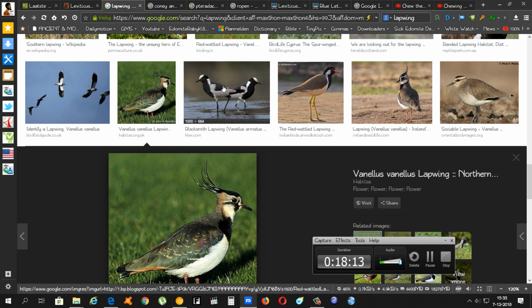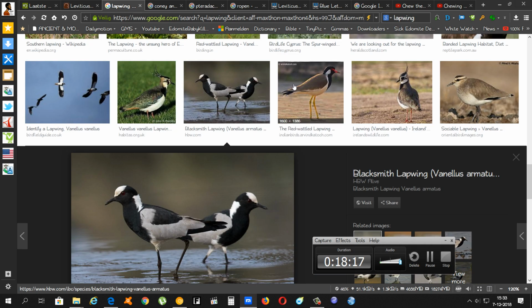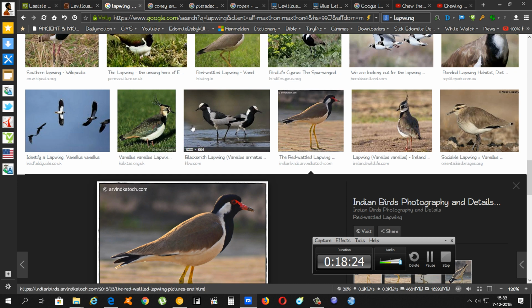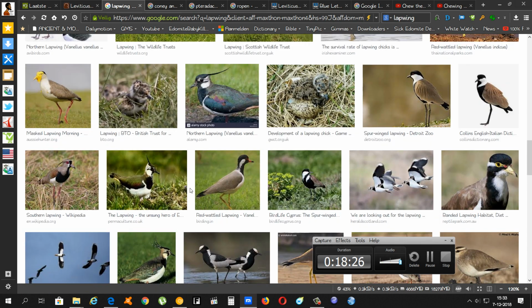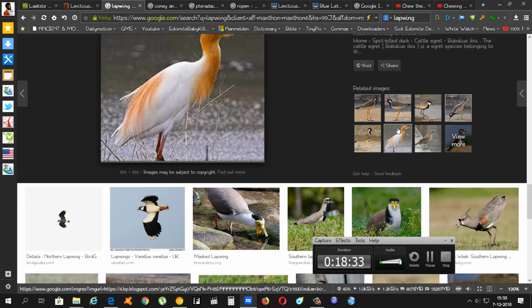Some of them look like this, without the feathers. The blacksmith lapwing, and then you have these ones, and they walk funny. If you've seen them before, they actually really walk different than normal birds.